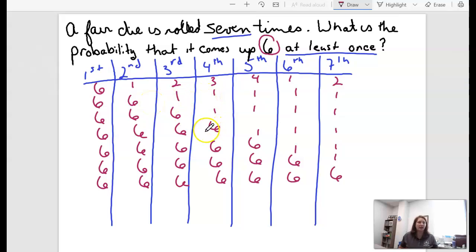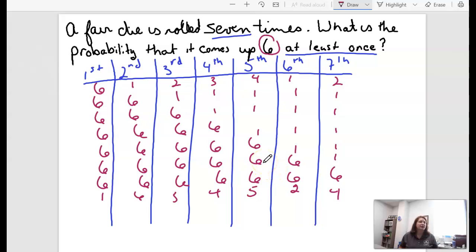But here's the thing. I could change it around. I could get a 1, a 6, a 3, a 4, a 5, a 2, a 4, okay? All of these include a 6 at least one time.